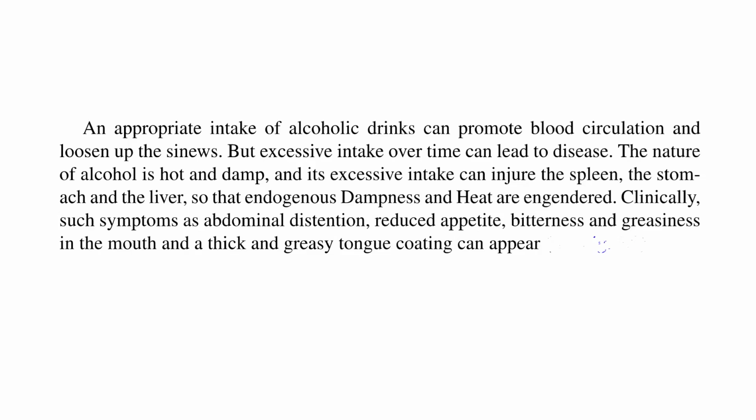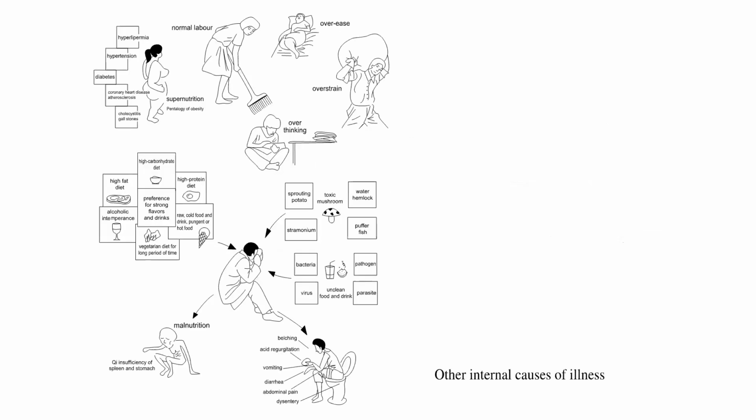So we have here the illustration of other internal causes of illness, the supernutrition, the pathology of obesity. We have hyperlipidemia, hypertension, diabetes, coronary heart disease, arteriosclerosis, cholecystitis and gallstones.